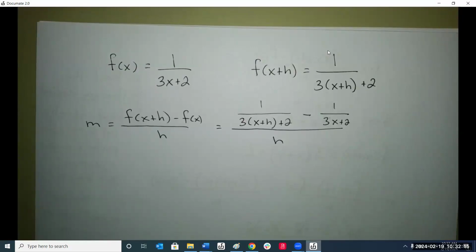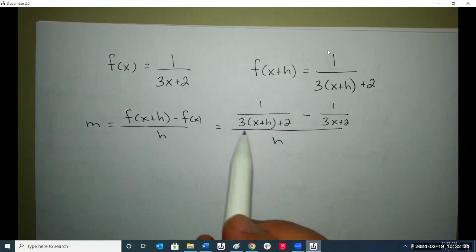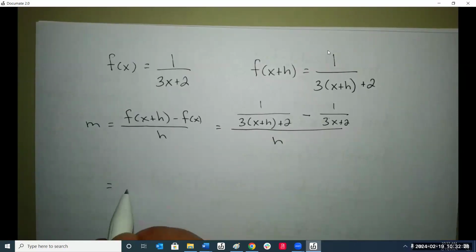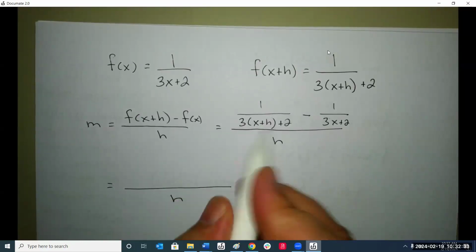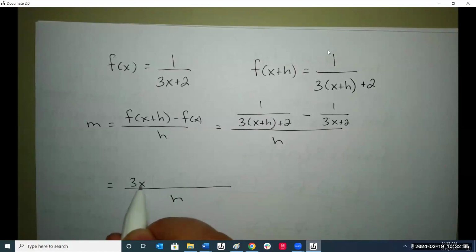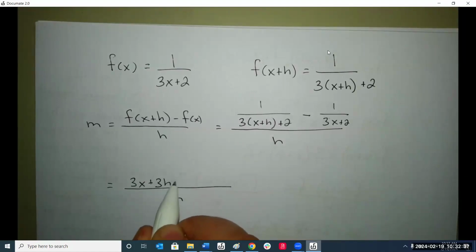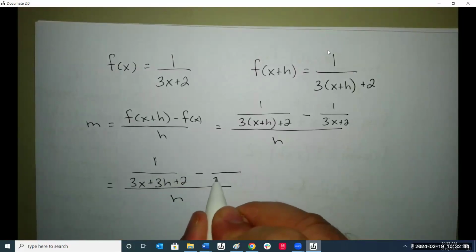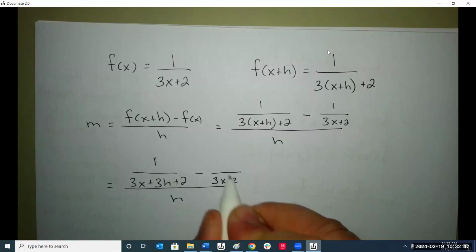So what we have to do first, let's make this look nicer. So this is going to be 1 over 3x plus 3h plus 2, and 1 over 3x plus 2.